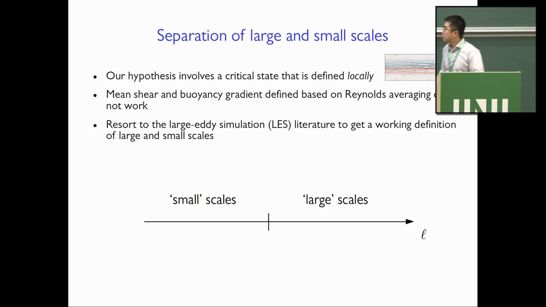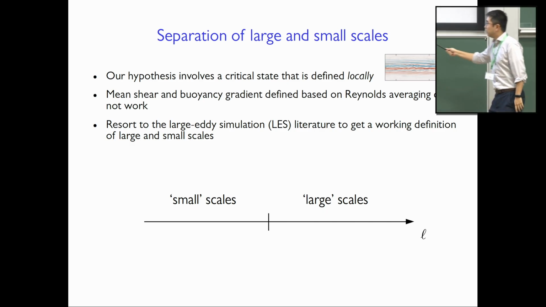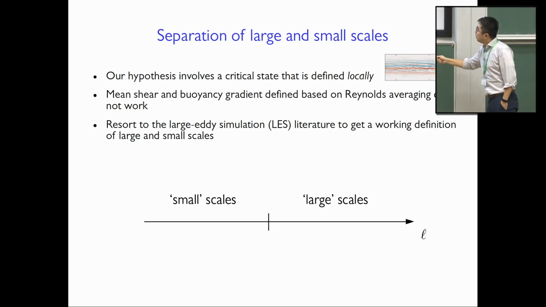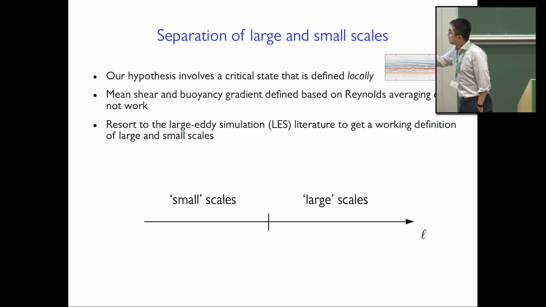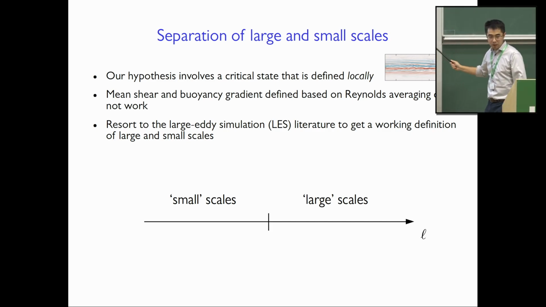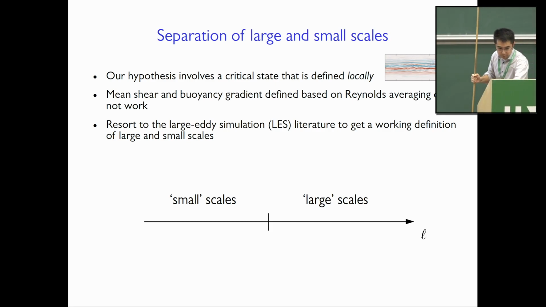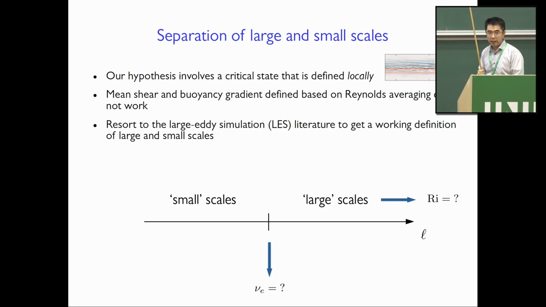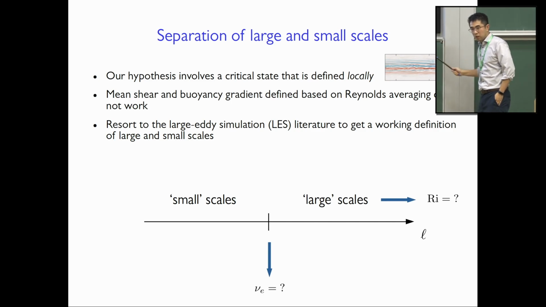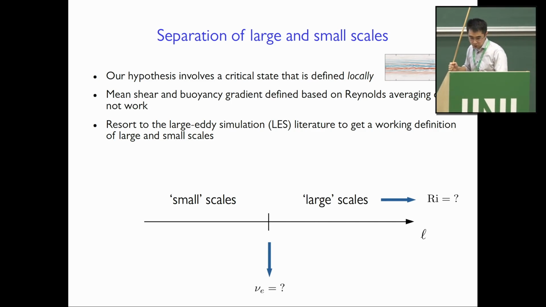If you think about an axis of length scales, I'm going to put a cutoff somewhere, so anything larger than this scale is considered to be large scales. I'm going to try to construct a Ri that describes the large scales, and show you how.